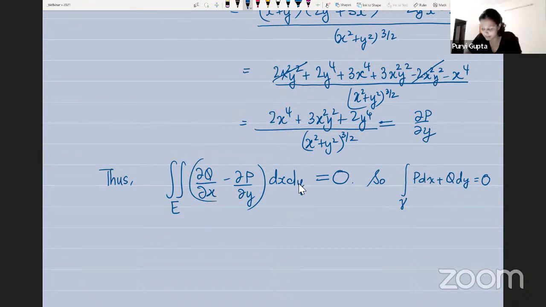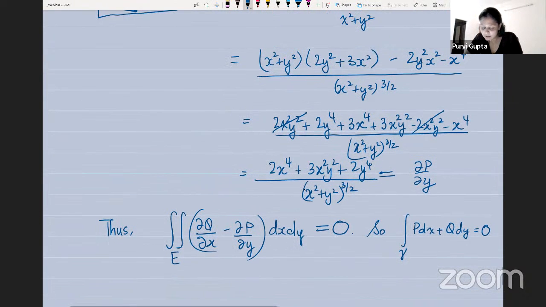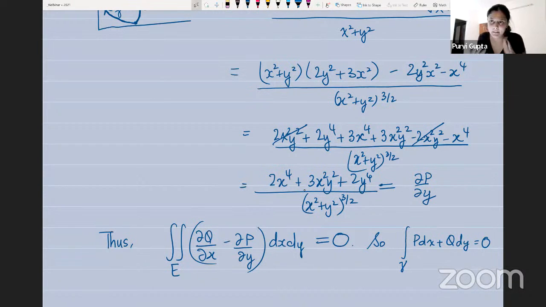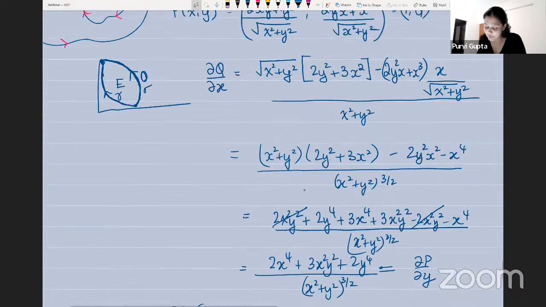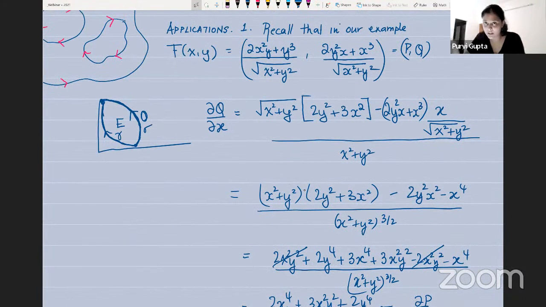So I'm taking only a portion of the asteroid. And as I said, here you don't have to try and recognize whether capital F is truly the gradient of some function phi or not. You have to take derivatives, which is actually easier than doing integration.